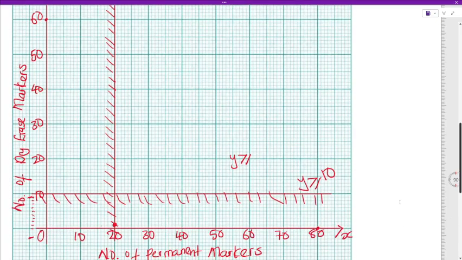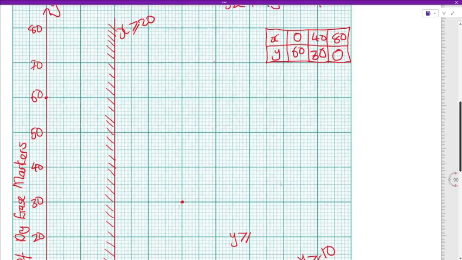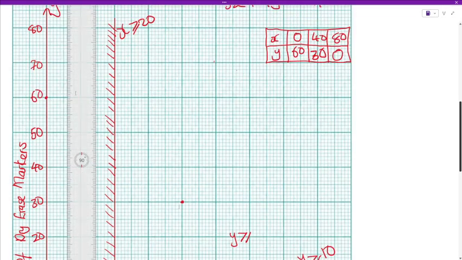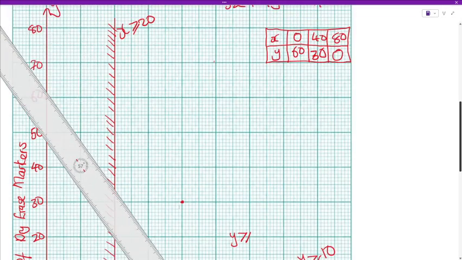So now we can plot that one, the 40,30 is right there. Now, moment of truth. Let us confirm whether what we have done is correct. Just try to place our ruler here.